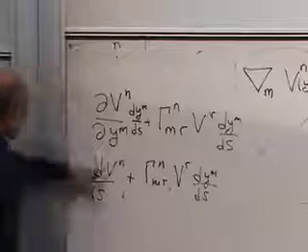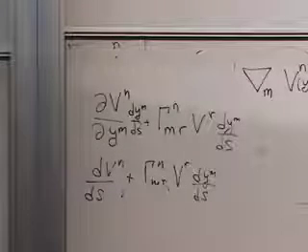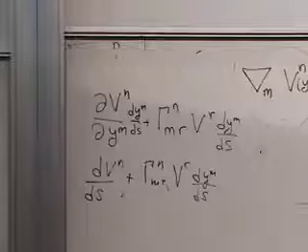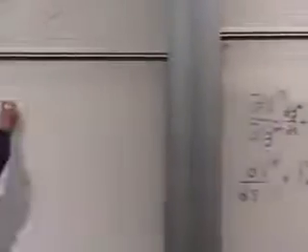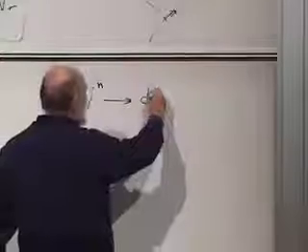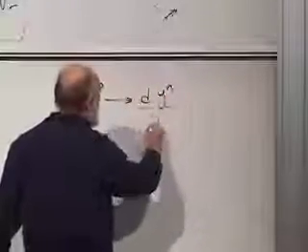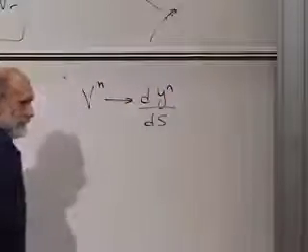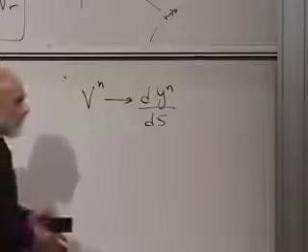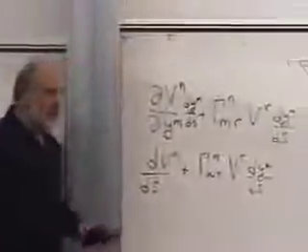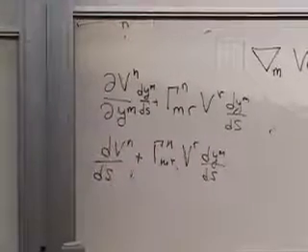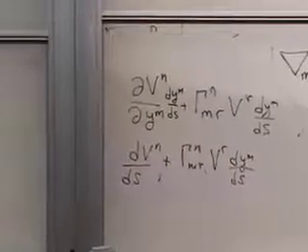Let's do it. What's the component of the tangent vector? For Vn, we're going to substitute dyn by ds. That's the component of the tangent vector. And I'm now computing the covariant derivative of the tangent vector itself, the covariant derivative along the curve.